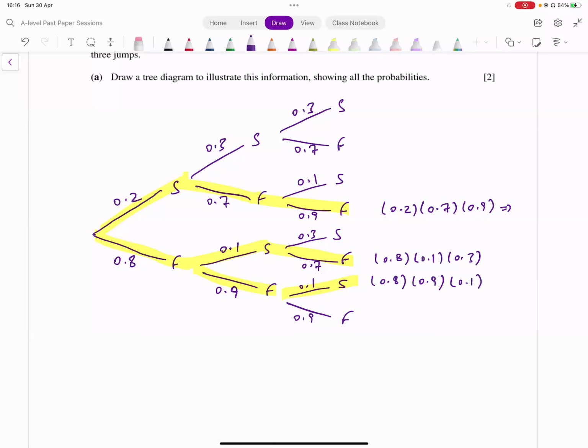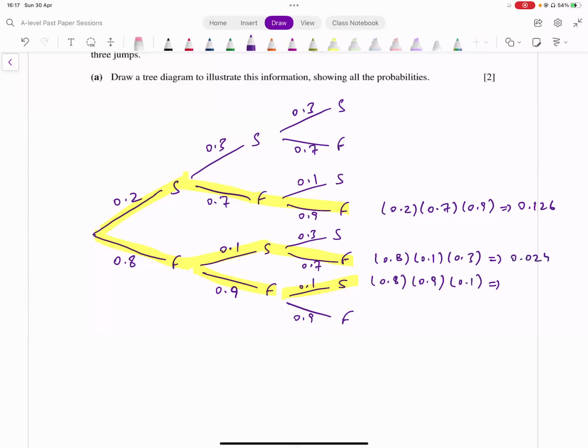Now let's evaluate these numbers. 0.2 into 0.7 into 0.9, that is giving me 0.126. 0.8 into 0.1 into 0.3, that is 0.024.